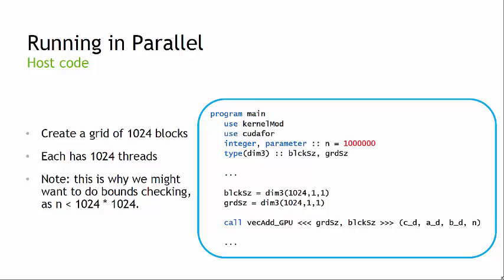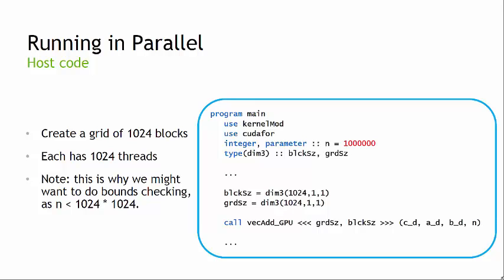So we've seen our host code copying the data across before. The thing we've changed here is the thing between the angle brackets. The lines that have changed: we've added use CUDA4. So we've used the CUDA Fortran module.